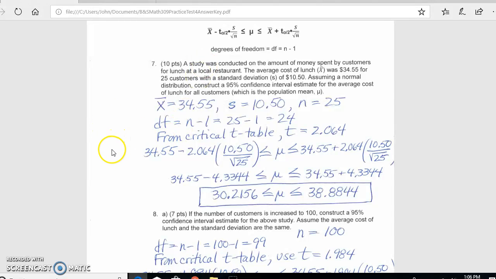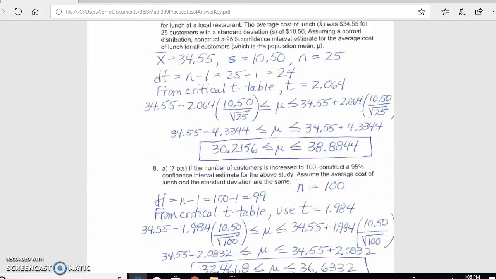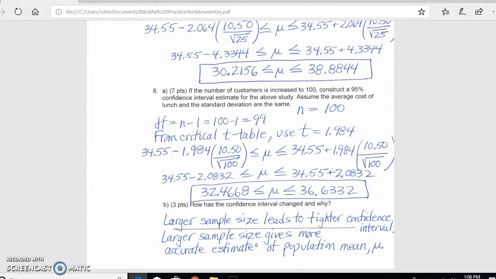So we're going to do the same calculations as we did in number 7, except with a different t value. And you can see how I plugged in those values here: the x bar, 34.55, minus the t value times the standard deviation divided by the square root of the sample size, which in this case is 100.